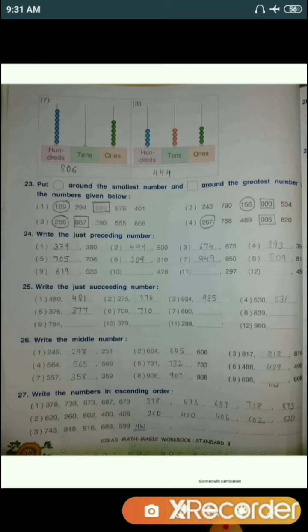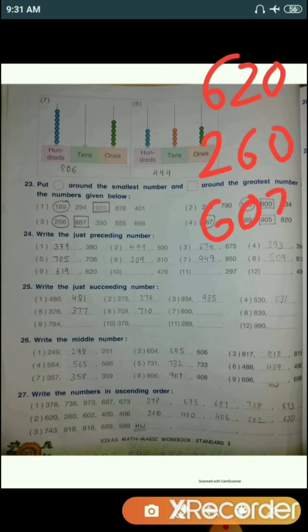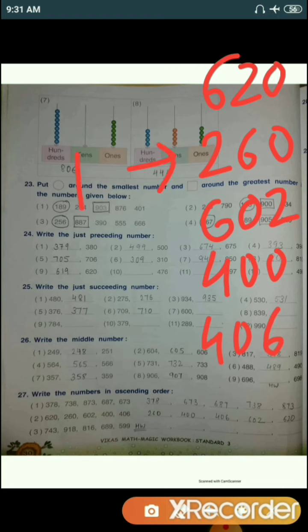Now the next one is 620, 260, 602, 400 and 406. Now which one is the smallest? 260, so first position. After that these two 4s are given.